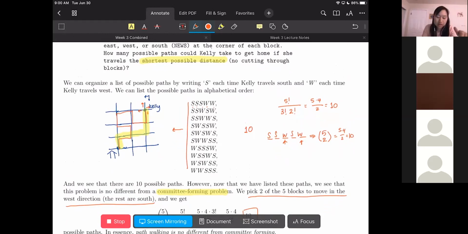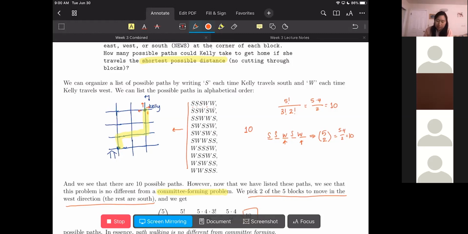So if we need to find the shortest one, then Kelly can only go 5 blocks, and out of those 5 blocks, 2 of them have to be west and 3 of them have to be south. So that's important. And then you're right, we could count it by saying let's choose 2 blocks out of the 5 for Kelly to go west, or we can say let's choose 3 of the blocks for Kelly to go south, and those will give the same answer.